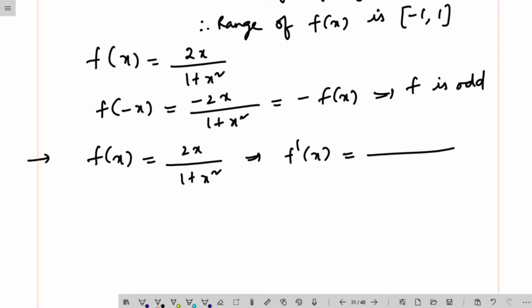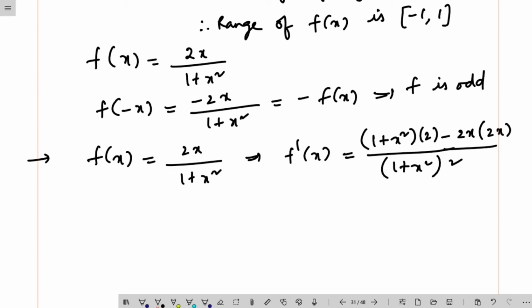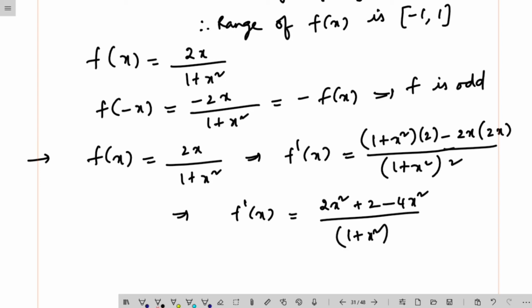f dash x is equal to, by using the u by v rule, 1 plus x square into differentiation of 2x, which is 2, minus 2x into differentiation of 1 plus x square, which is 2x, divided by (1 plus x square) whole square.